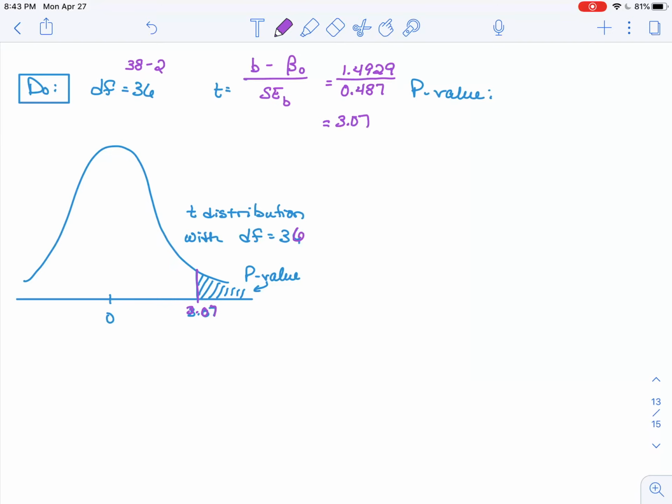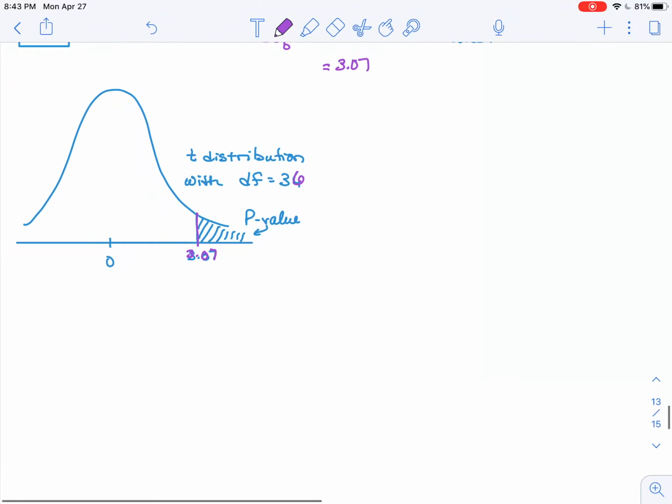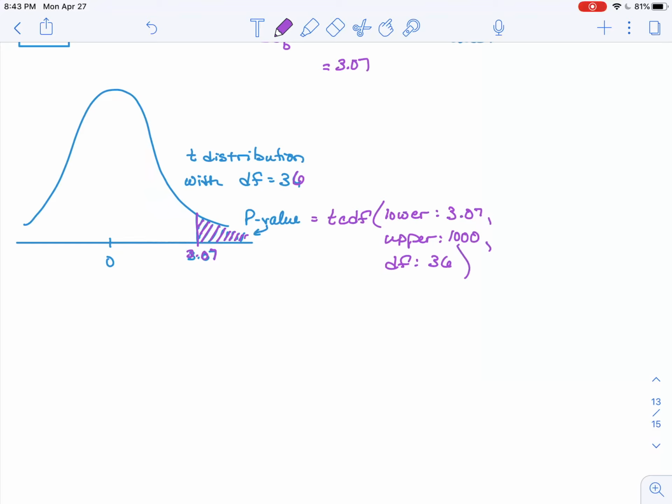Now that's a t test statistic, so I need to think of my t distribution with 36 degrees of freedom. If I think of this value, it was a right-tailed test because our alternative hypothesis had a greater than symbol on it. So this would be the area corresponding to our p-value. We could find that p-value by doing a tcdf, going from the lowest value of 3.07, never stopping on the upper end, with 36 degrees of freedom.